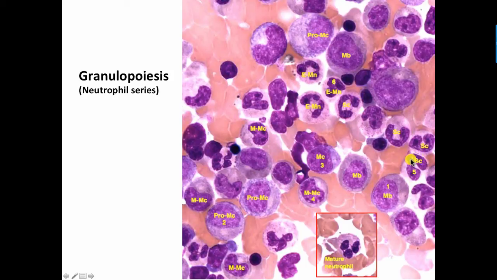Here it is, number 5 here, where the nucleus becomes distinctly horseshoe-shaped and actually is starting to lobulate, as is seen here.